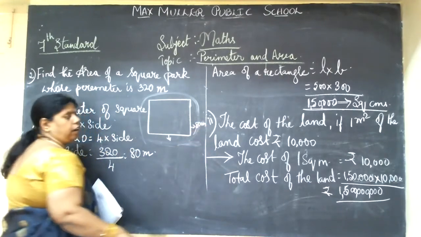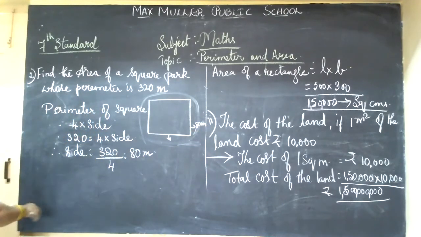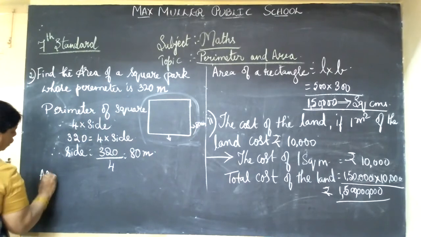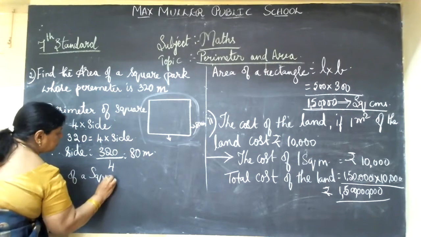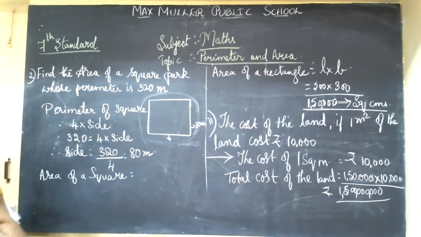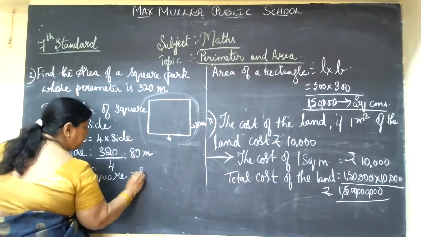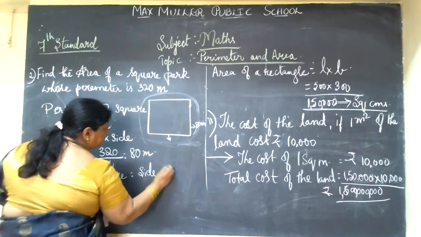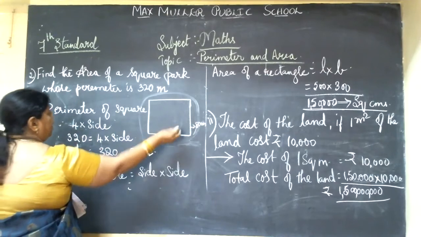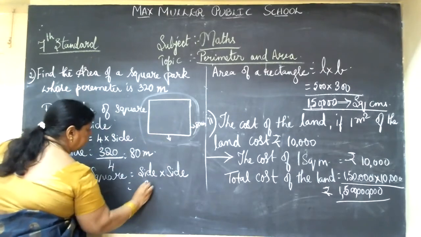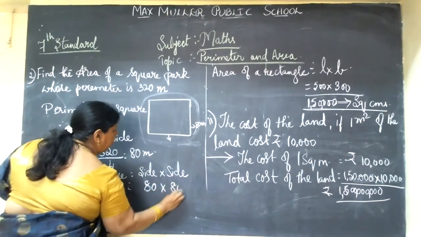Now we have to find out the area. Area of a square is side into side. What is the side? 80. That only we have to take, children. 80 into 80.